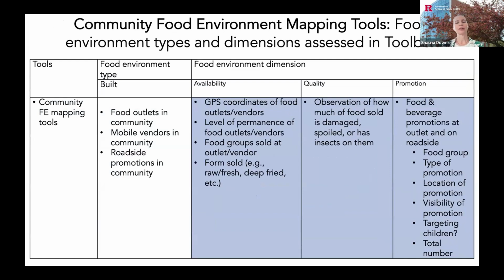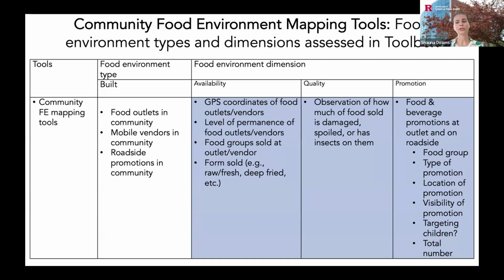We also capture the GPS coordinates of those food outlets, the level of permanence, what food groups are sold at each vendor, and then the form of the foods. So are they mostly raw or fresh, or are they mostly deep fried, that type of thing. And then we have observations about whether or not the foods sold are damaged, spoiled, or have insects on them.